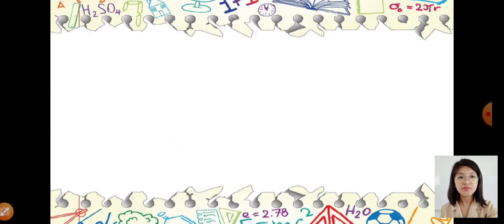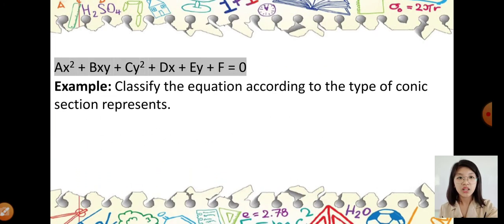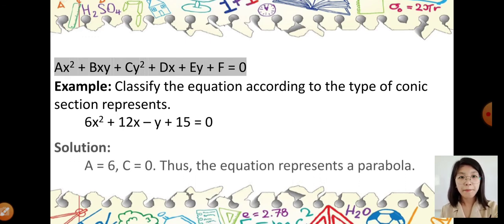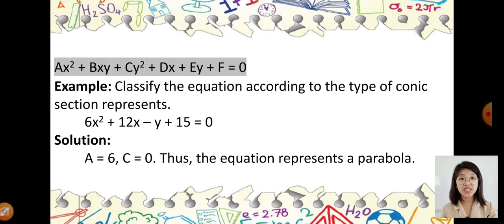Next, classify the equation according to the type of conic section it represents. So this one, 6x squared plus 12x minus y plus 15 is equal to 0. So, hindi na natin siya kailangang equate sa 0 kasi naka-equate na siya sa 0. But, a is equal to 6.